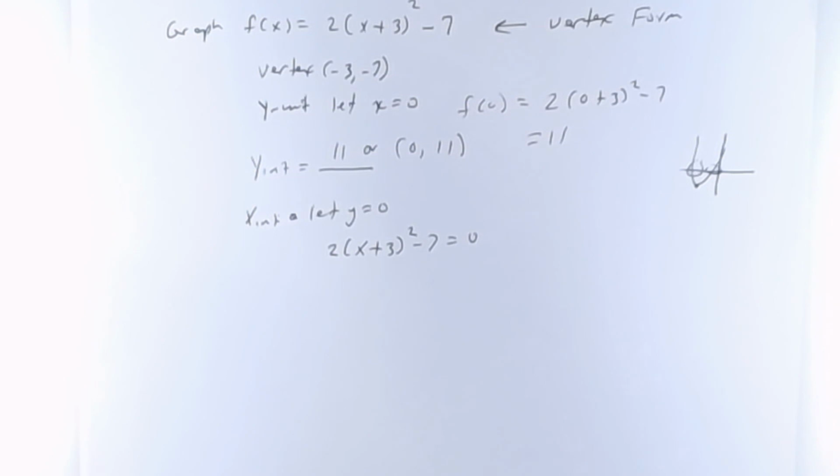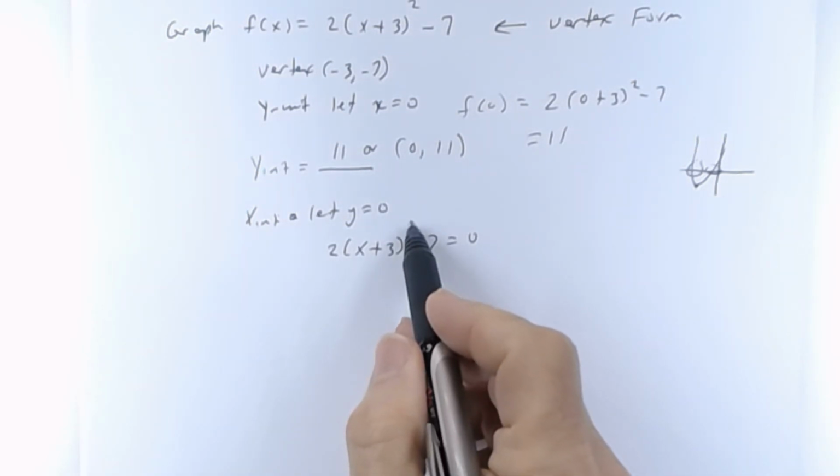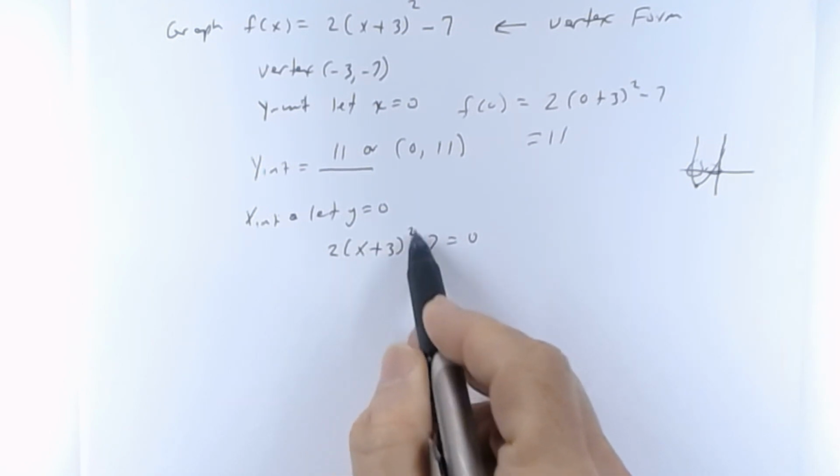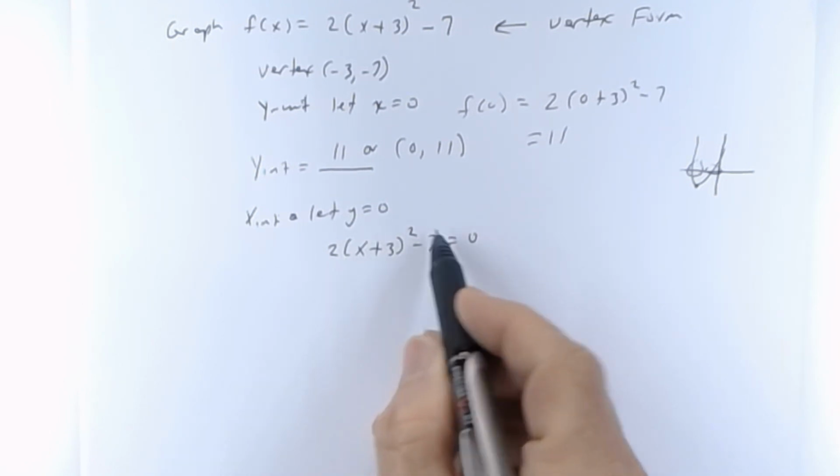So you see that binomial squared? On a previous test, to solve for that variable x, what property did you use? The square root property. But in order to use the square root property, you have to get this part by itself. So what do I need to do first? Add 7 to both sides.